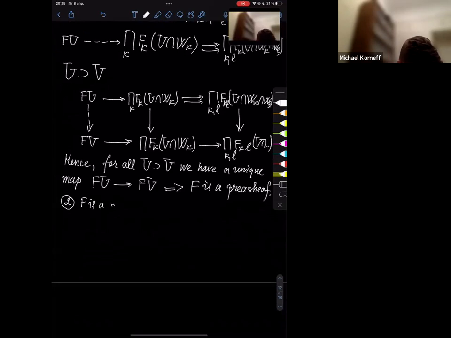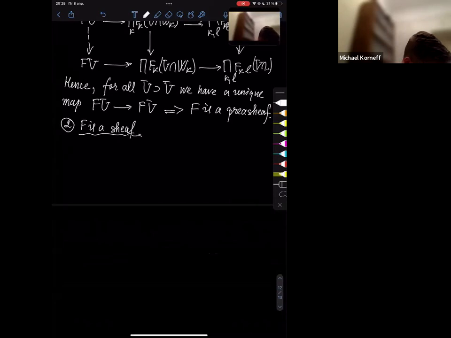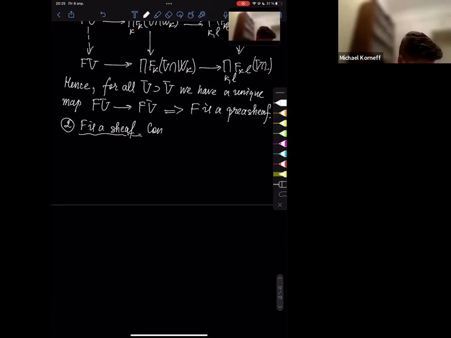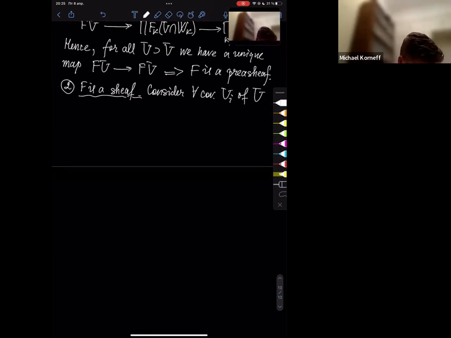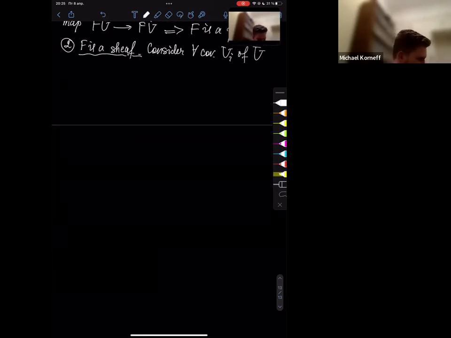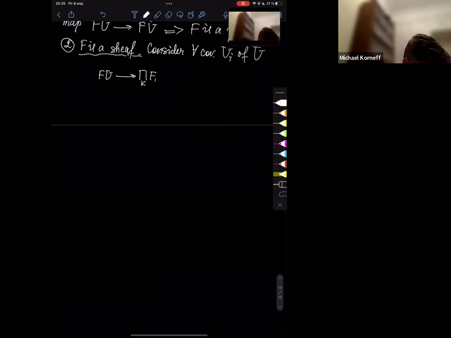Okay, and the second point: F is a sheaf. Consider any covering U_i over U. Then we should form the following diagram. The first will be an equalizer.